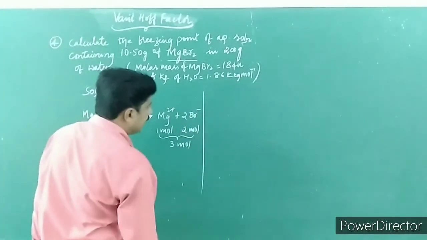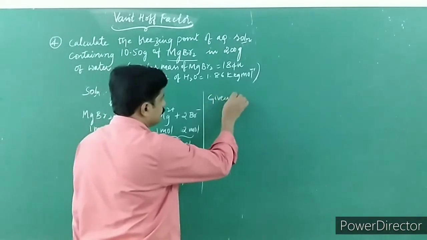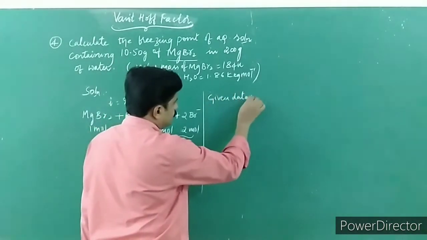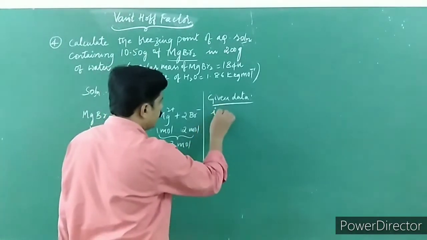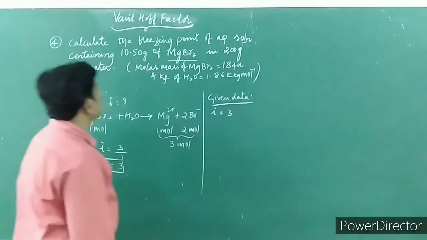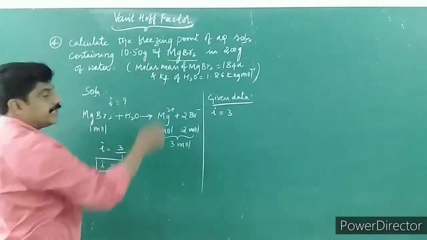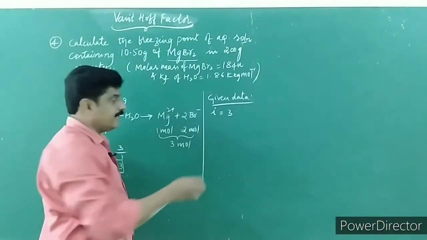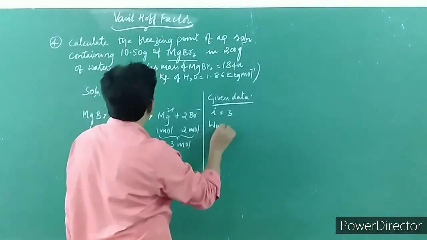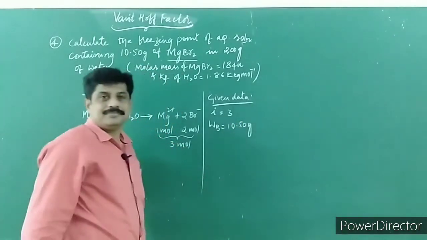Now let me write the data given here. Given data, I'll write i first. i is equal to how much? 3. Now 10.5 grams of magnesium bromide, that means Wb is given. Wb is equal to 10.50 grams.